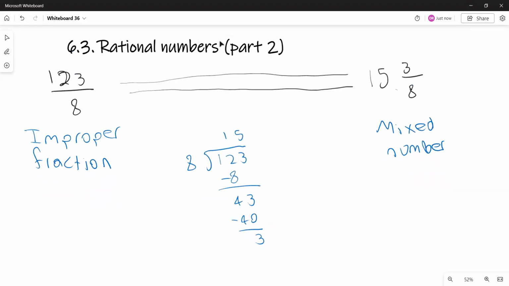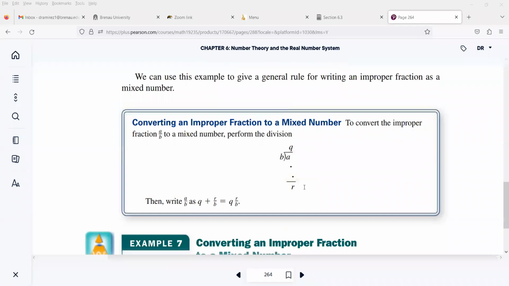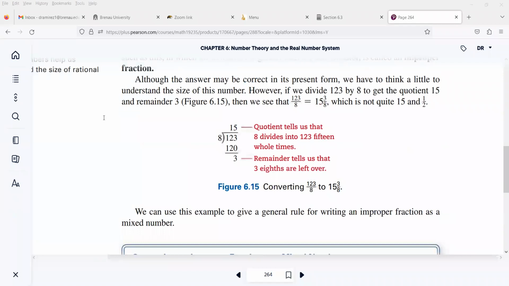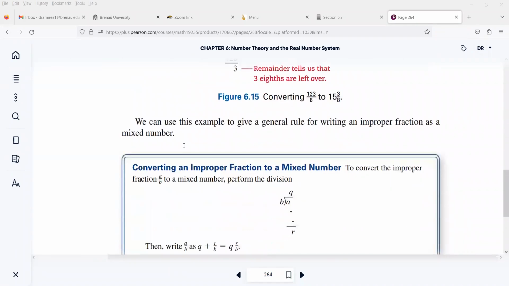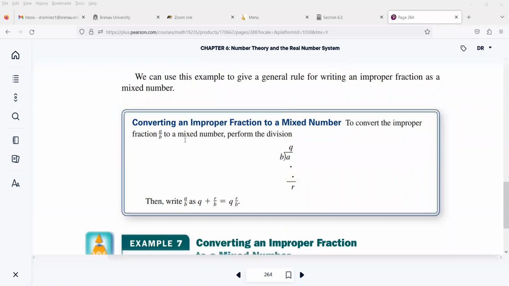Okay, so they show, I'm not going to copy this, I'm just going to read it. They show you the procedure for converting an improper fraction to a mixed number. So to convert the improper fraction A over B to a mixed number, perform the division, and then write A over B as Q R over B, where Q is going to be the quotient and R is going to be the remainder.